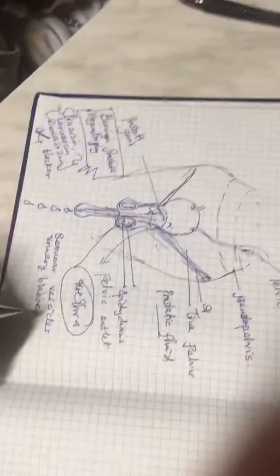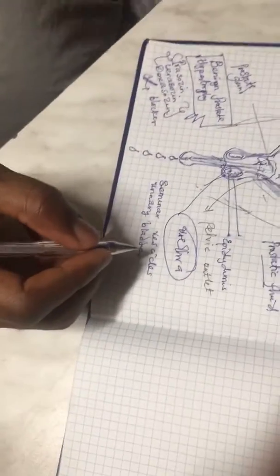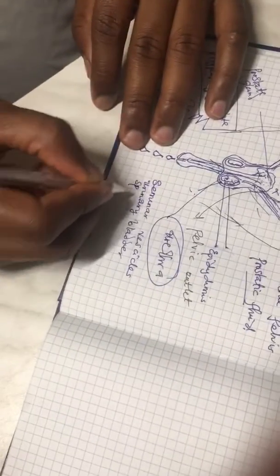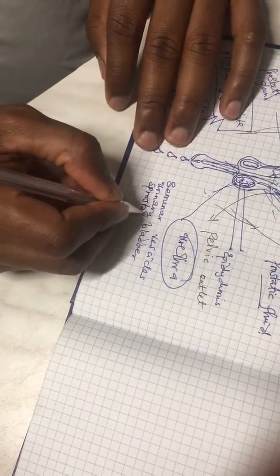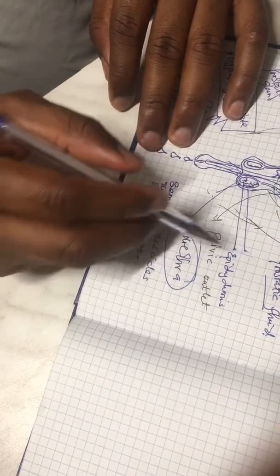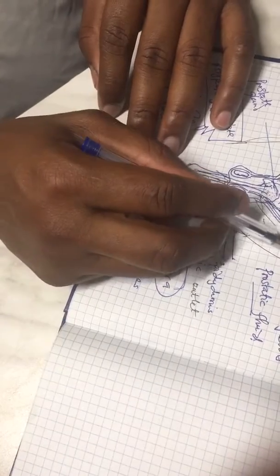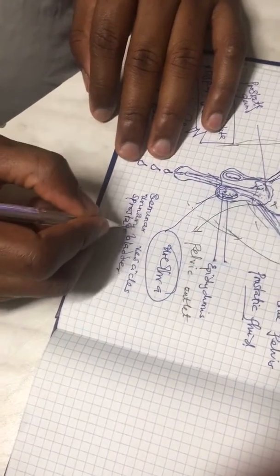We can also see the prostate gland. I actually don't want to talk about the prostate gland, but this cord, what do we call it? Spermatic cord, right? Spermatic cord.